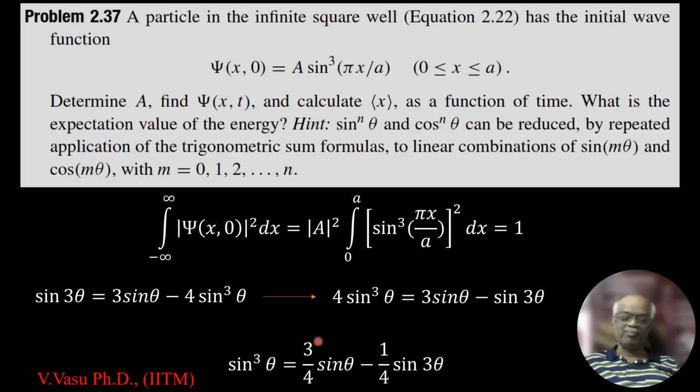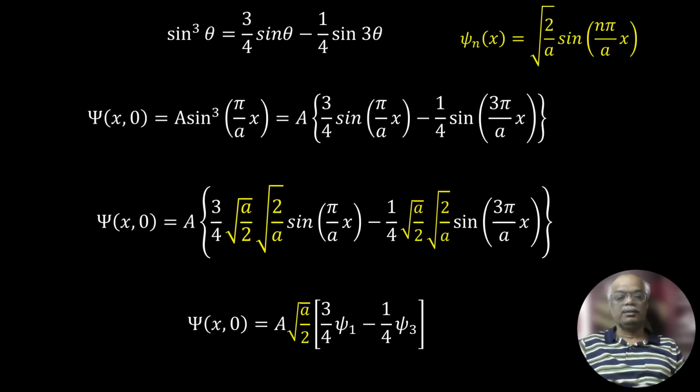This will become 3/4 sin θ minus 1/4 sin 3θ. So we have seen that sin^3 θ is equal to 3/4 sin θ minus 1/4 sin 3θ.